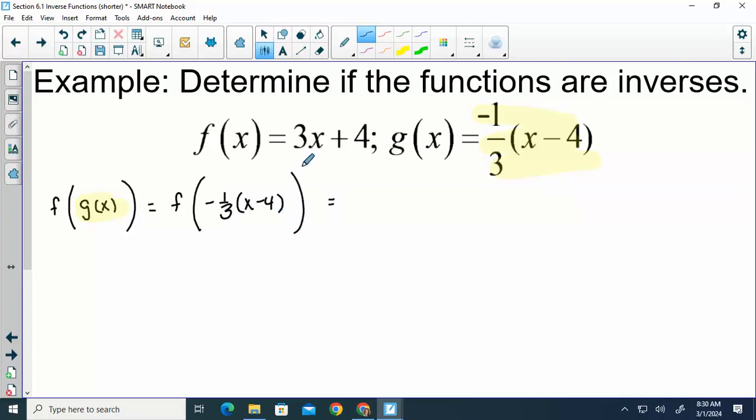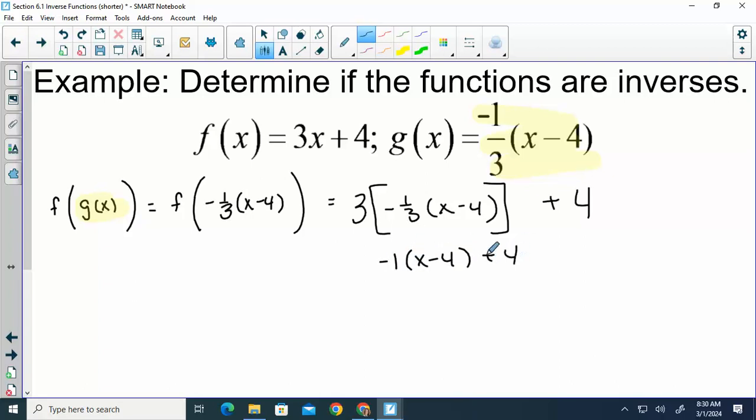I'm putting that into f. f is 3 times whatever we plug in plus 4. And I'm plugging in negative 1/3 times x minus 4. 3 times negative 1/3, so that gives me negative x plus 4 plus 4, or negative x plus 8.